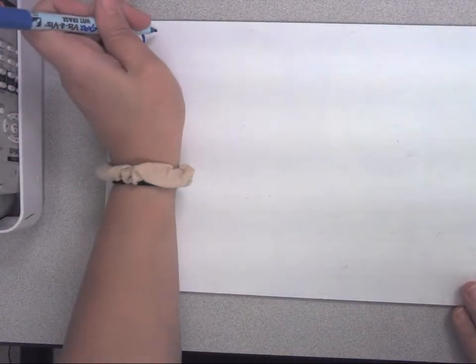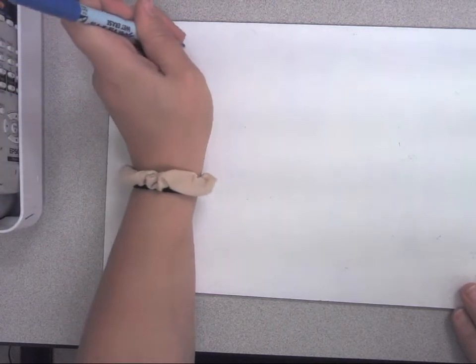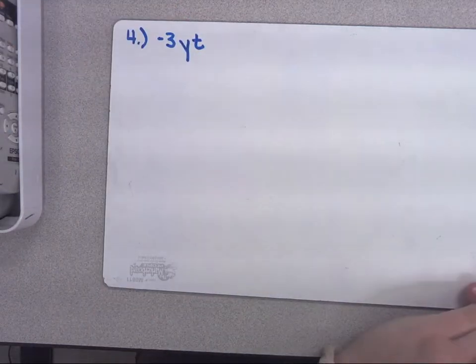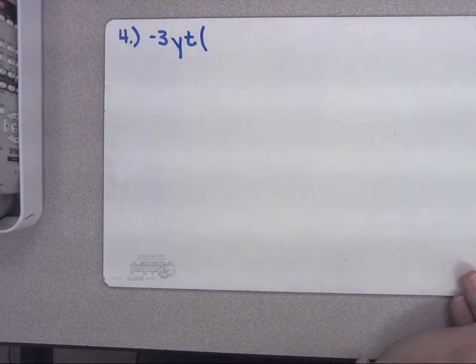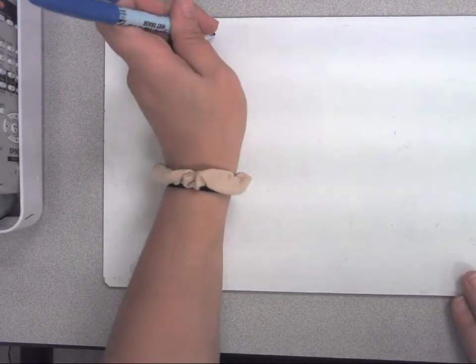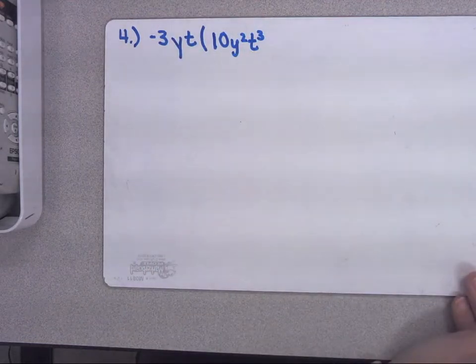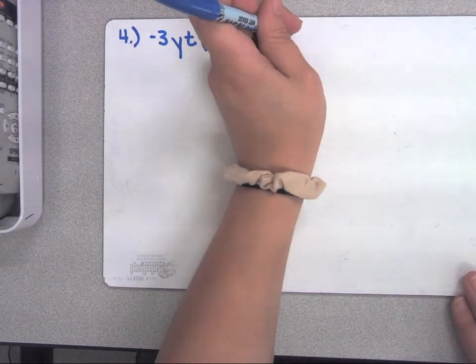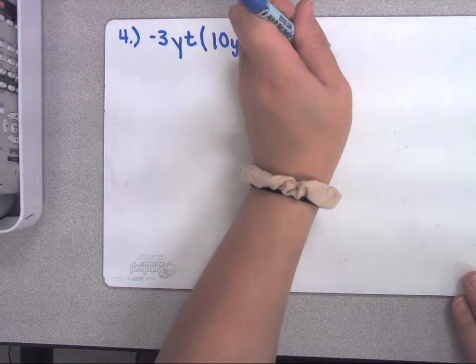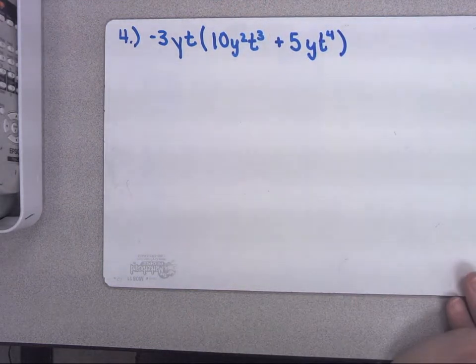How about -3yt, parentheses, 10y squared t to the third plus 5y t to the fourth. Short one.